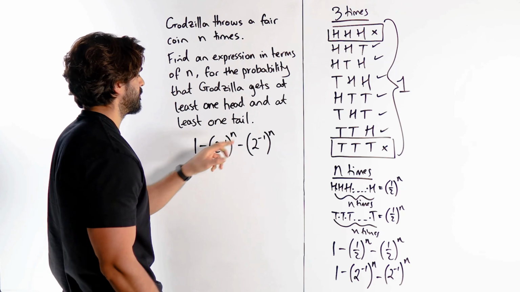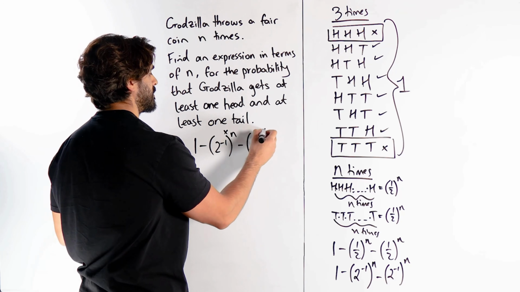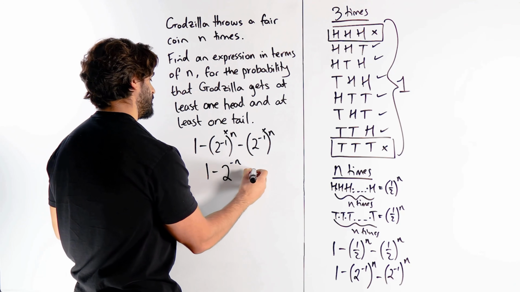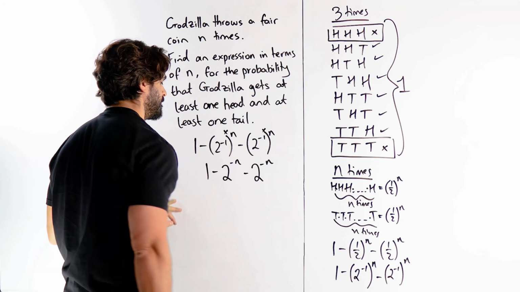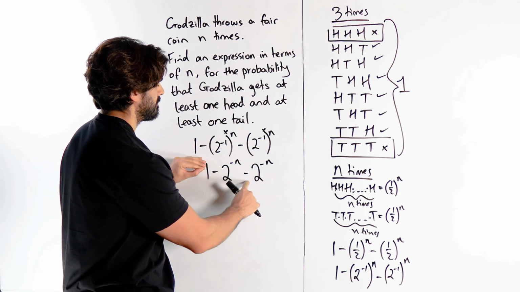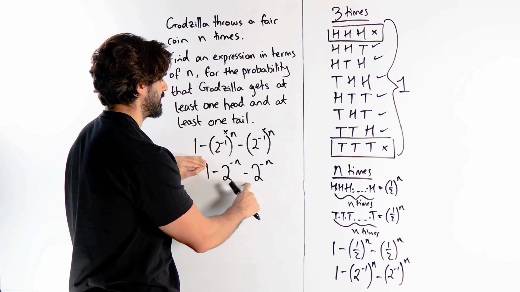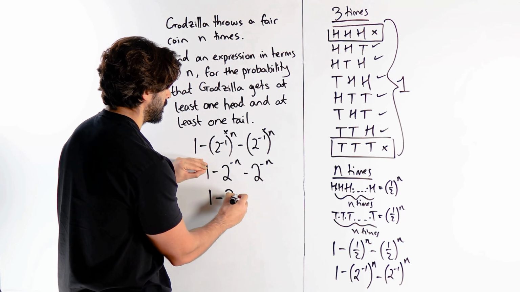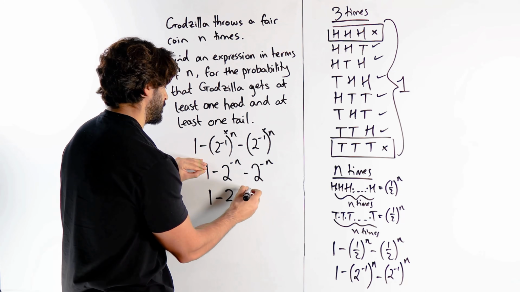When you have a number raised to a power raised to another power, we multiply the powers. So 1 minus 2 to the power of minus n, subtract 2 to the power of minus n. Here, these are the same thing. It's like doing minus x minus x. Minus x minus x is minus 2x. So you get 1 minus 2 lots of 2 to the minus n.